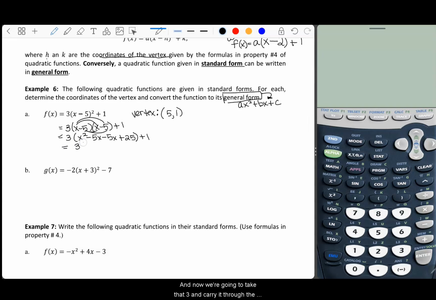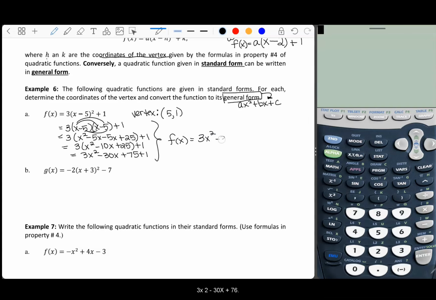And now we're going to take that 3 and carry it through the parentheses after I combine like terms. So I'm going to get now 3x squared minus 30x plus 75 plus 1. So the general form is going to be f of x equals 3x squared minus 30x plus 76.